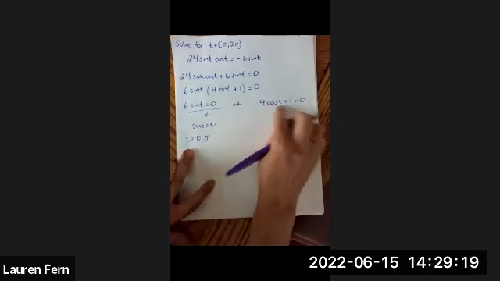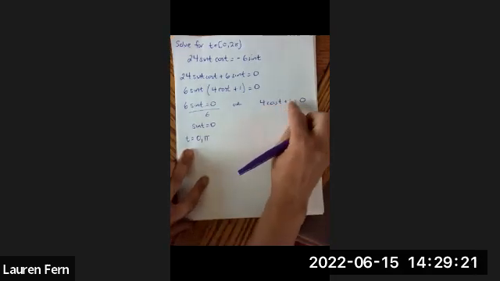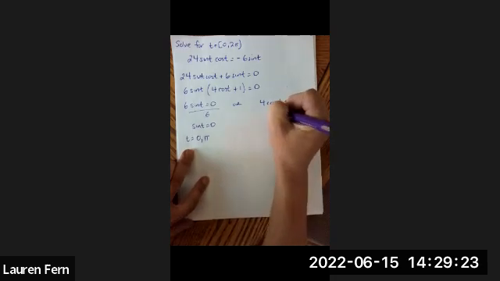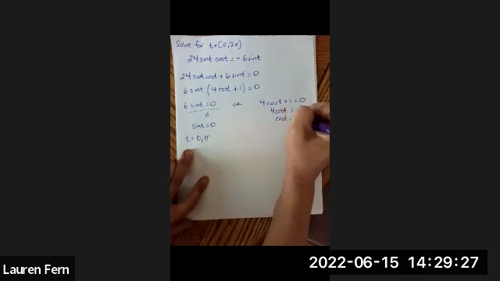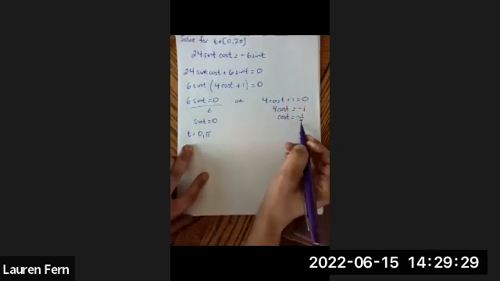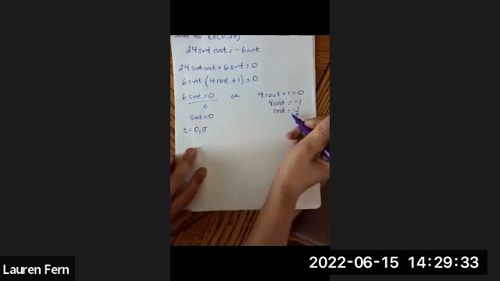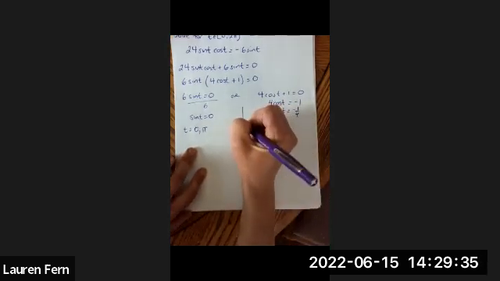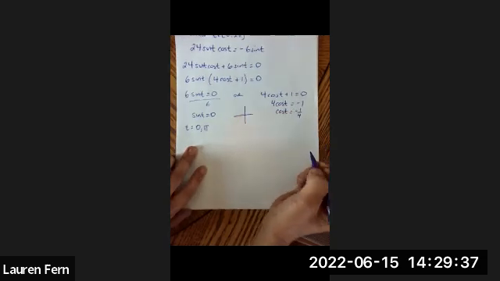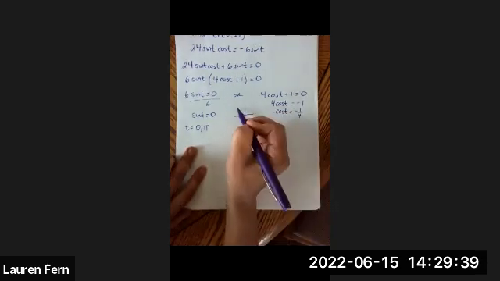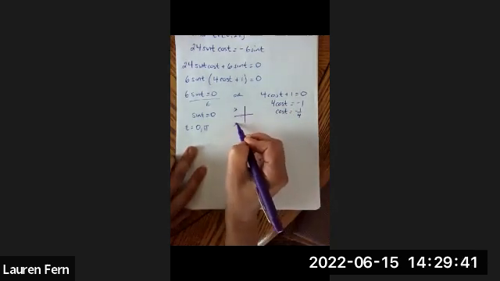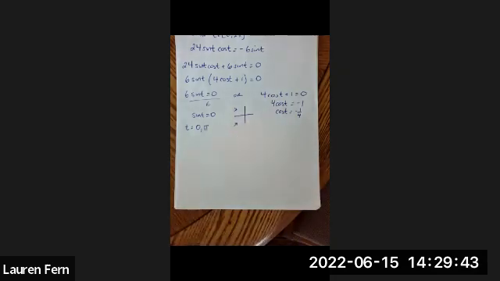Okay. Here we want to isolate our trig function. So the first thing we would do is subtract 1 from both sides and then divide both sides by 4. Notice I have my cosine equal to a negative number. Okay. So I've got to consider what quadrants does that happen in. Well, where is my cosine negative? My cosine's negative in my second quadrant and in my third quadrant.